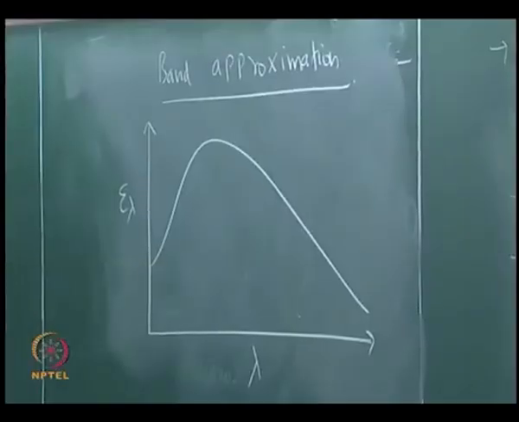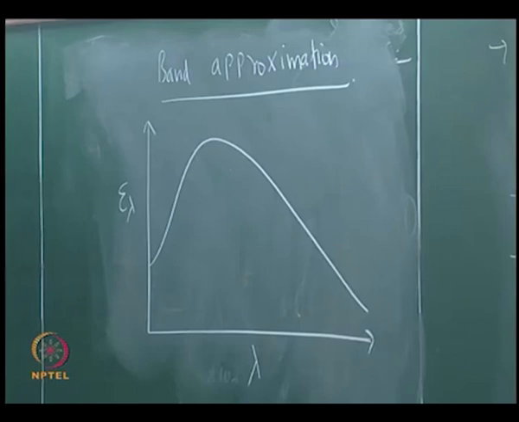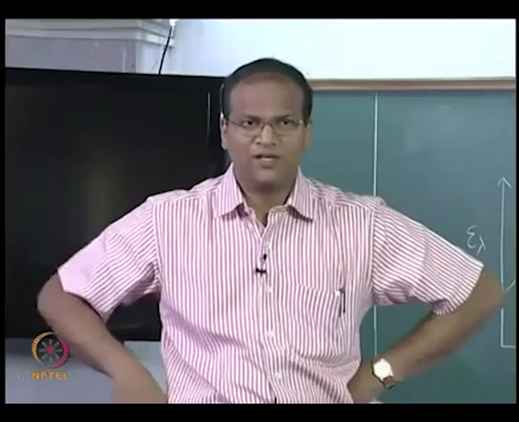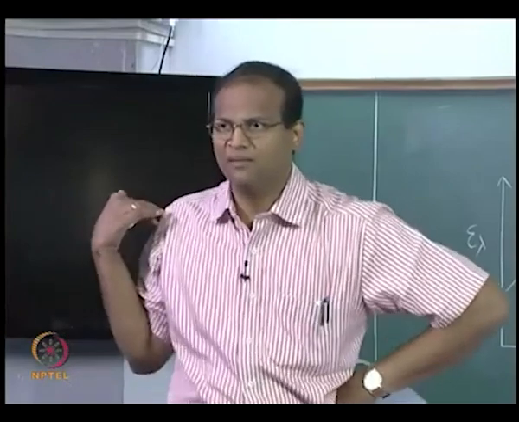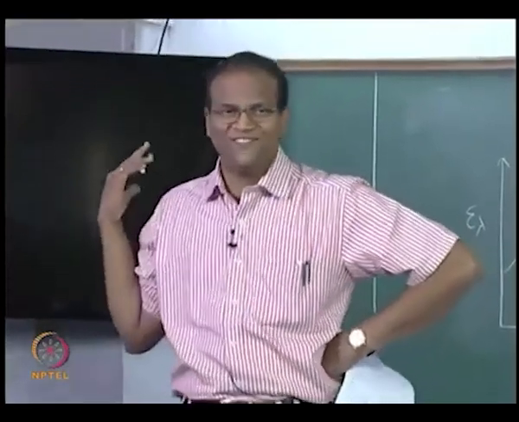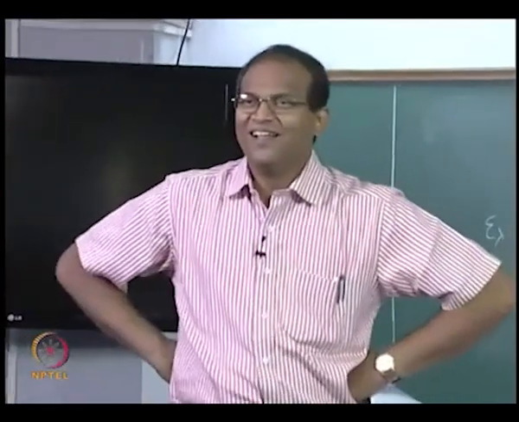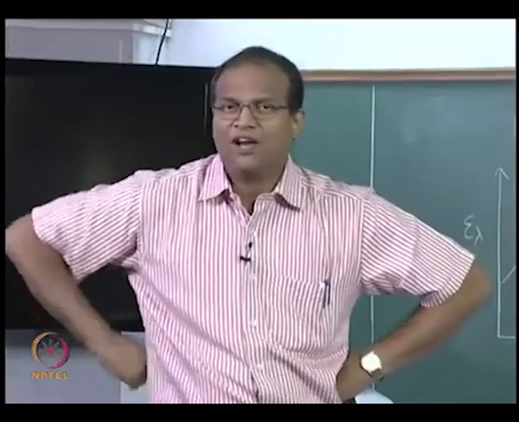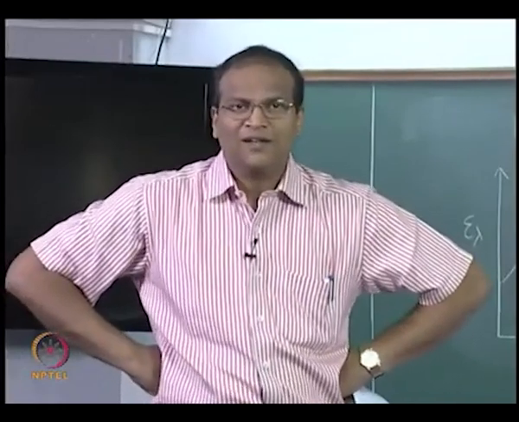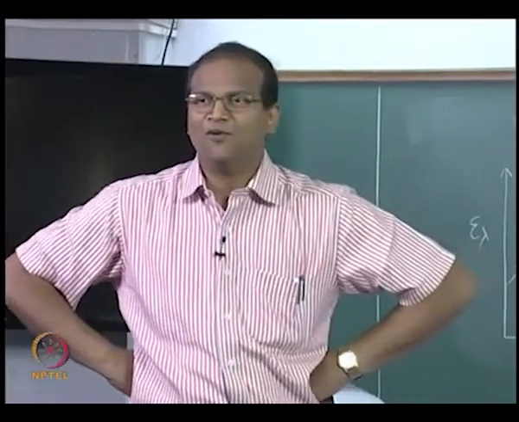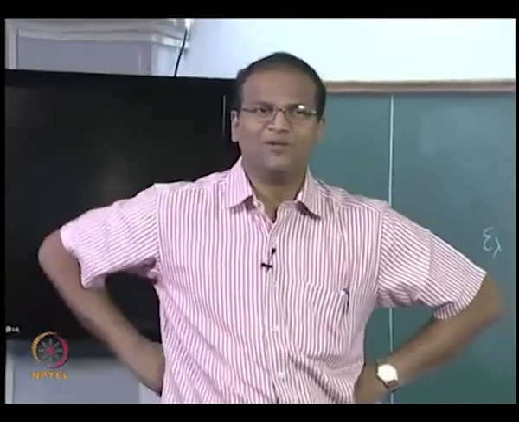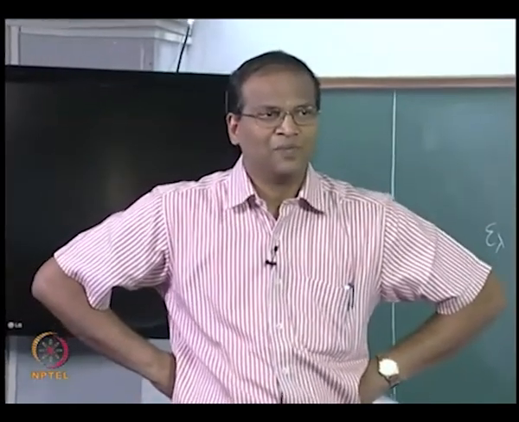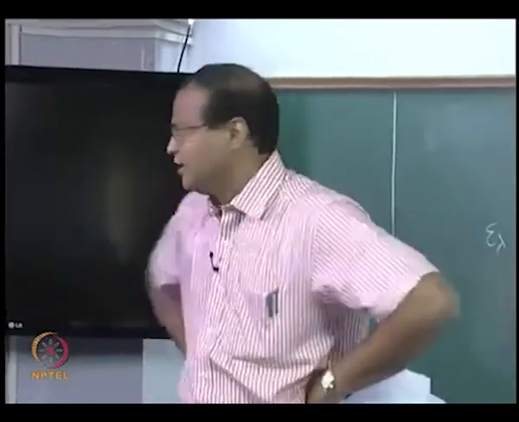Let the spectral hemispherical emissivity of a surface be like this. I want to use a spectral radiosity formulation. I can't use a grey body; it is far from being a grey body. It is multicolor. Now, in the light of what I told you previously, I do not want to do a million calculations, writing thousands of J lambdas. I want to make the problem tractable. Can you help me out?